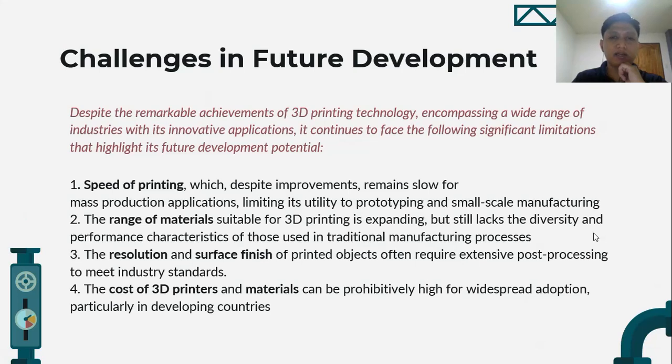So they are very inferior compared to molding technology, where they can use polyethylene and also polycarbonate. Third challenge is that the resolution and surface finish of printed objects often require extensive post-processing to meet industry standards.